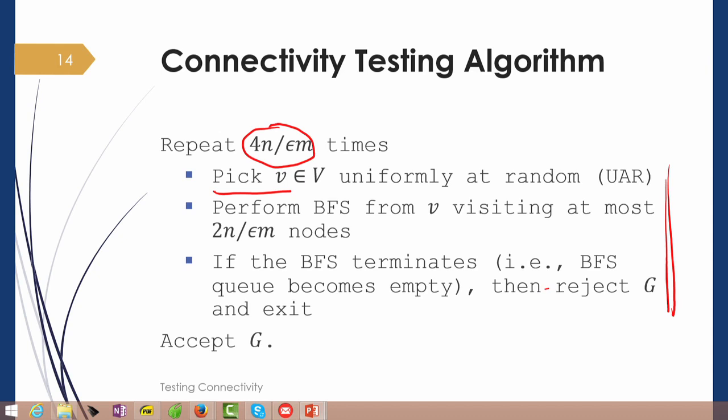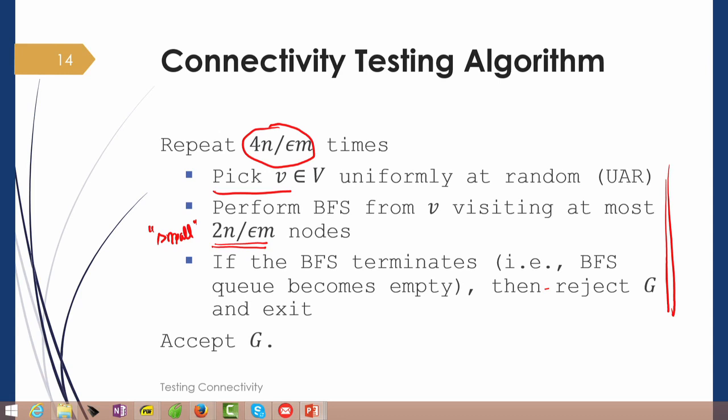And from that vertex V, we will perform BFS, visiting at most some number of vertices, and this is our notion of small. We will formalize these things shortly. So we perform a BFS and that visits at most these many nodes.